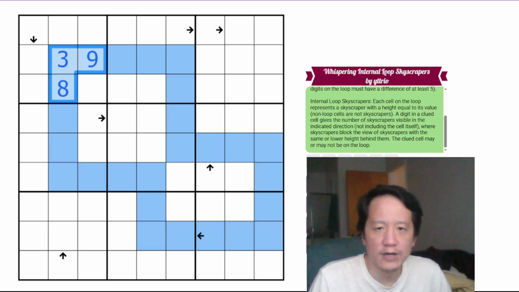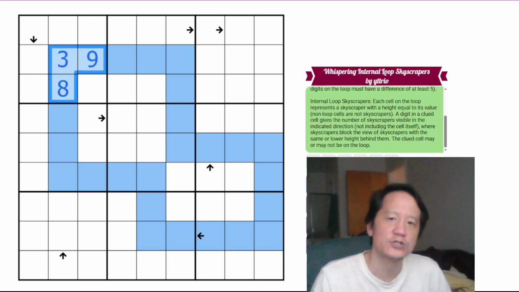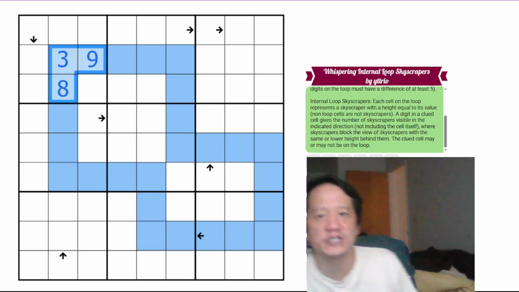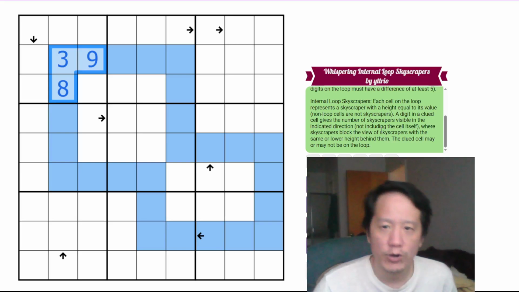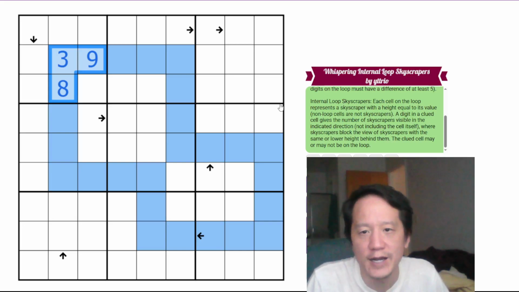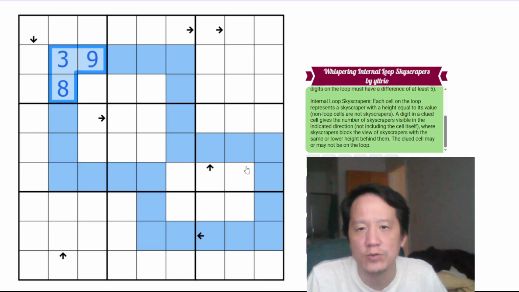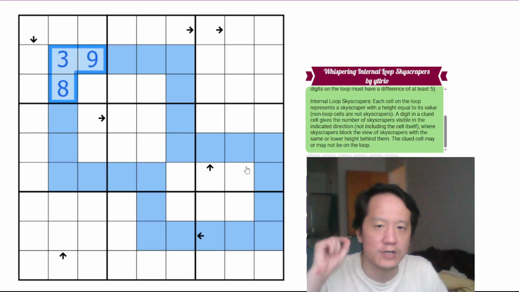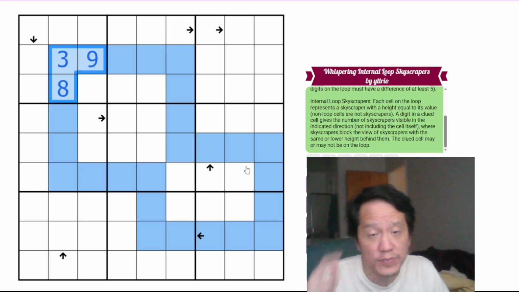We also have internal loop skyscrapers, which is why this puzzle is called Whispering Internal Loop Skyscrapers, where each cell on the loop represents a skyscraper with a height equal to its value. Non-loop cells are not skyscrapers. Okay, that's interesting.